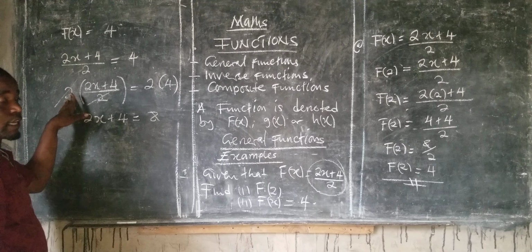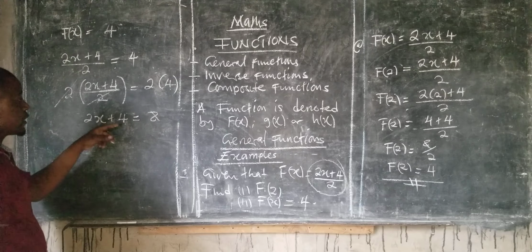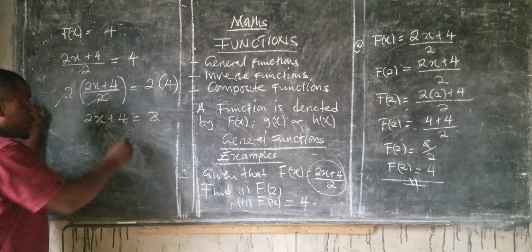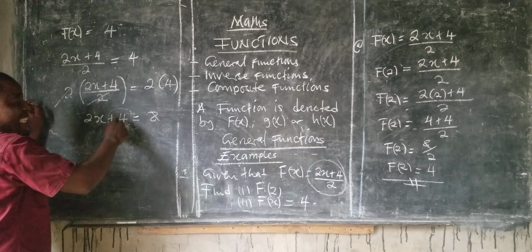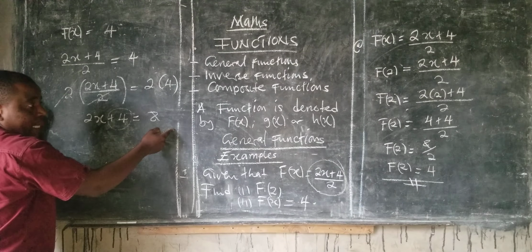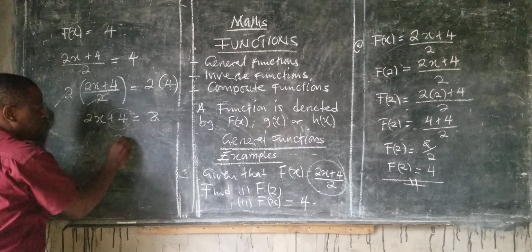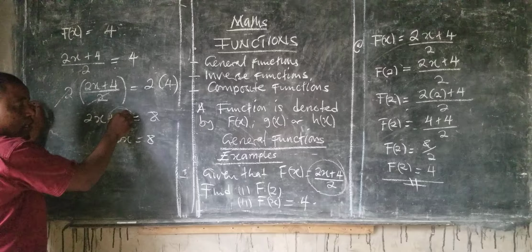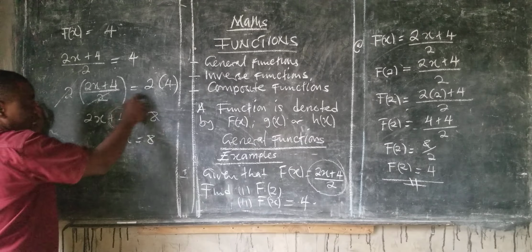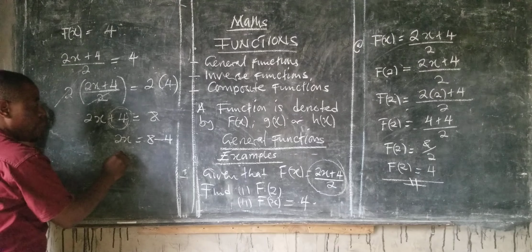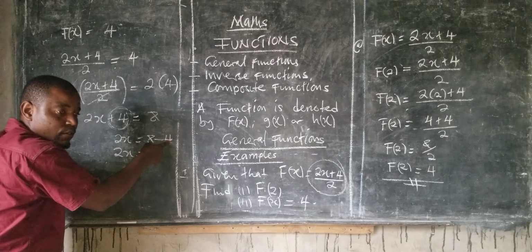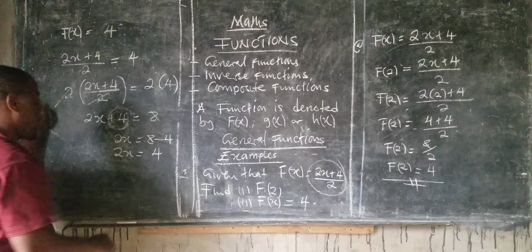Now you group up the like terms. This 4 is positive; when it goes to the other side, it becomes negative. We have 2x equal to 8 minus 4, which is 4.